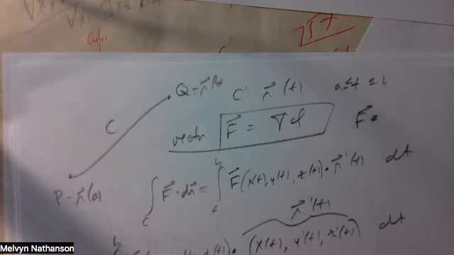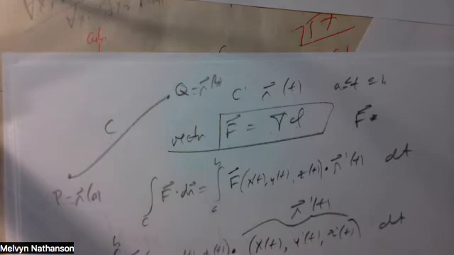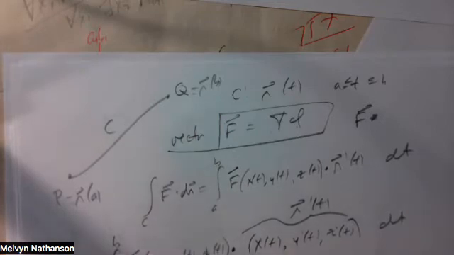And what is this vector? So F is the gradient of phi. So this is the partial phi with respect to x, partial phi with respect to y, partial phi with respect to z, evaluated at r of t, dot product with this vector.